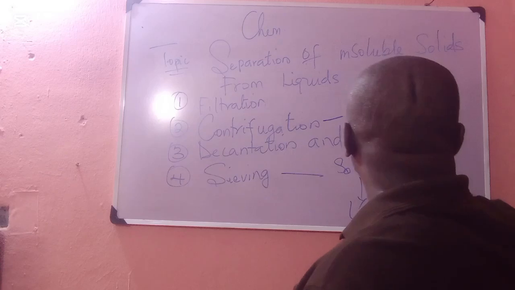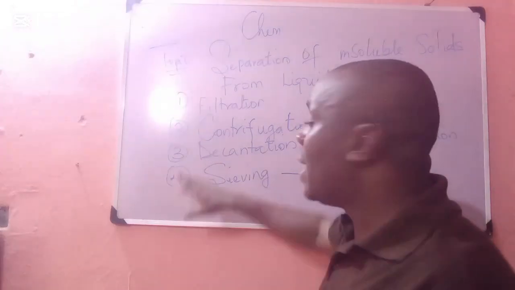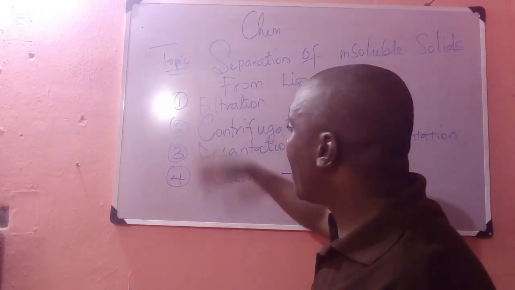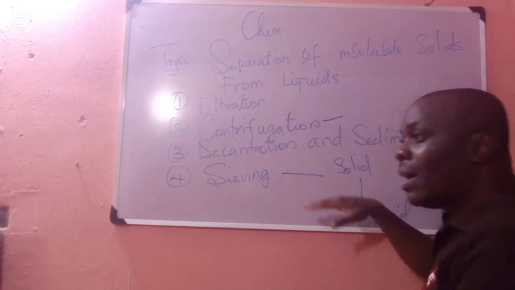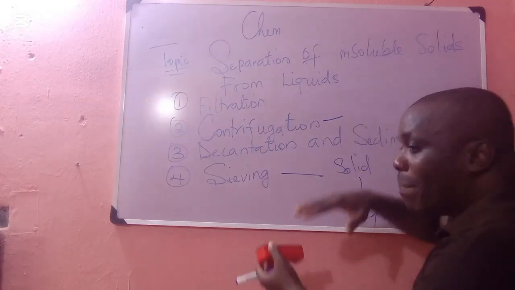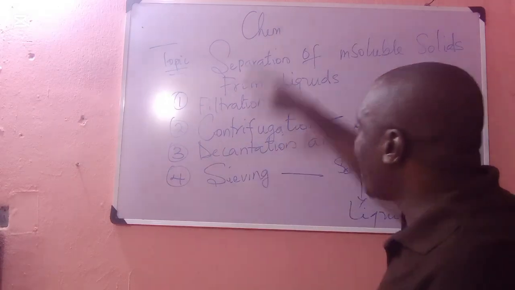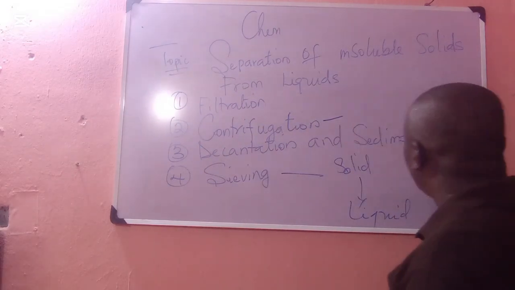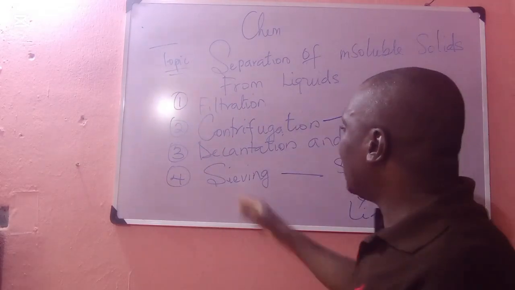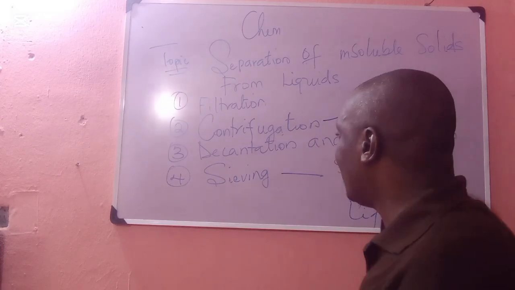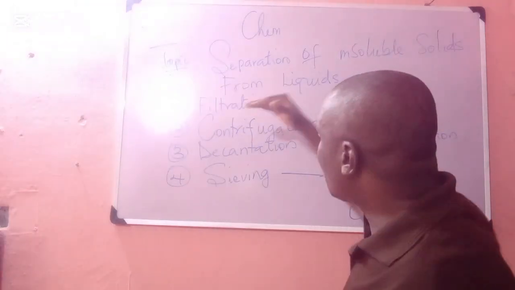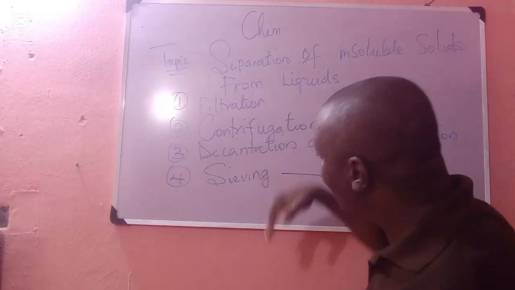Then decantation and sedimentation: you allow it to settle, then you remove the liquid part from the sediment, the remaining part that settled down. When you remove the liquid part and leave the solid, it is called decantation. Then sieving has to do with a sieving material. You use a sieve to separate the liquid from the solid.